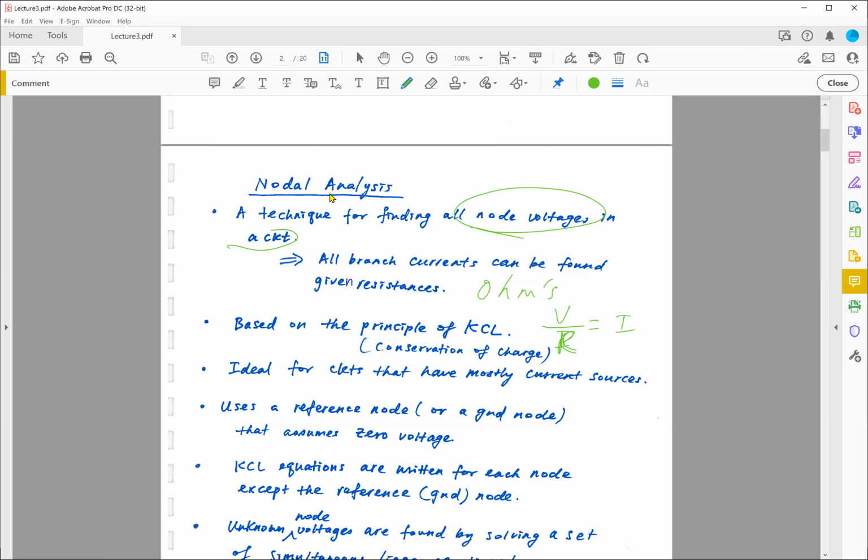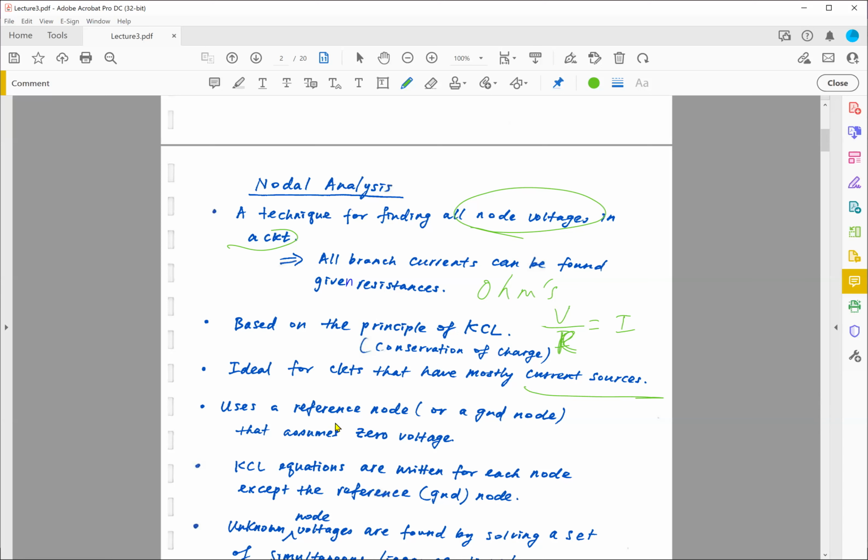This nodal analysis technique is based on the principle of KCL. And as we discussed, KCL is based on conservation of charge. Such technique is ideal for circuits that have mostly current sources, as you will see in the subsequent examples.